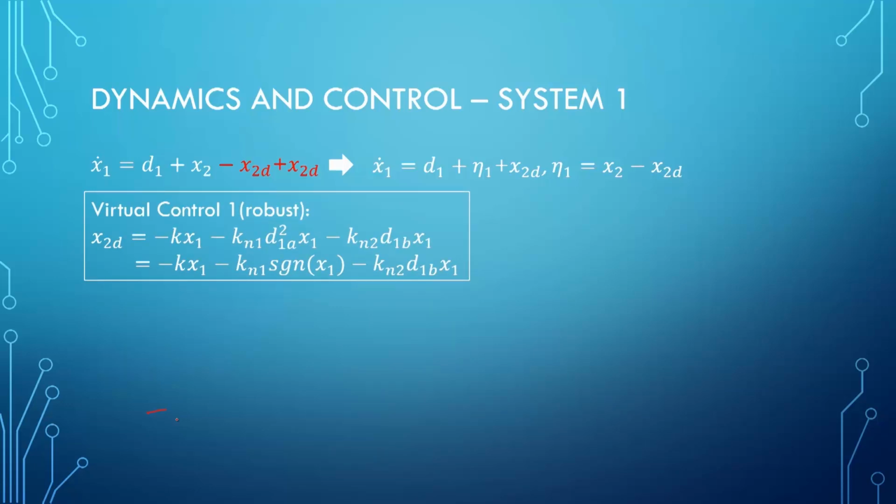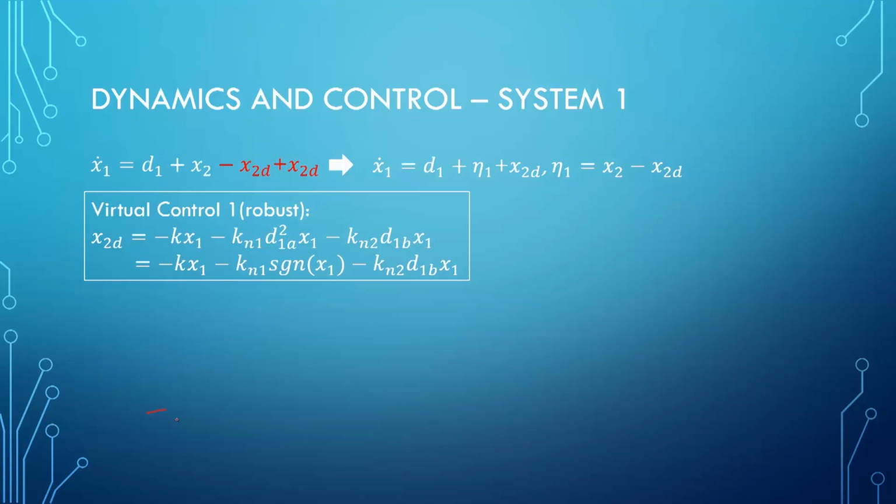So how will you design the virtual control input 1? And remember, different from the previous design, here we have disturbance D1, right? And that's the difference. So not only do you need to put a feedback term in the virtual control, which is minus k x1, you also need to put other high gain terms.